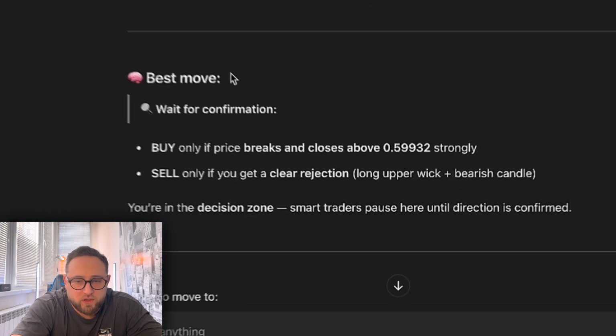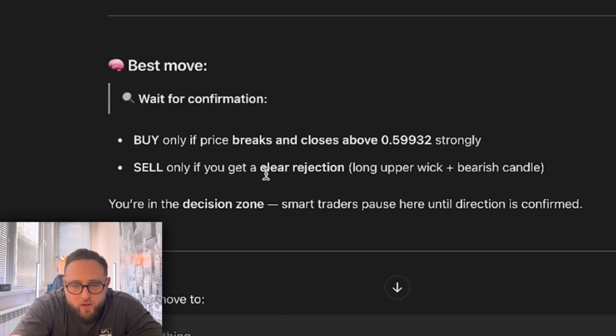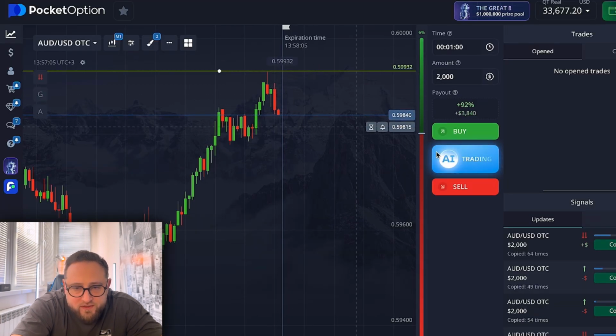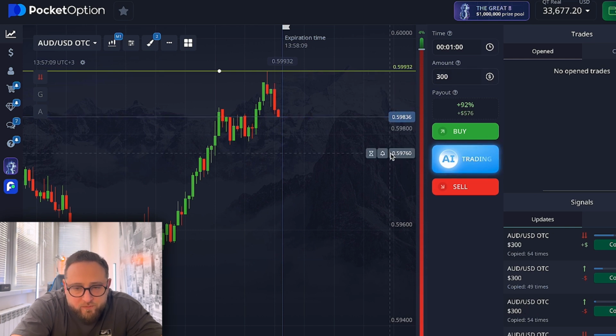And we also need to follow the best move recommendation: buy only if price breaks and closes above 0.599, and sell only if you get a clear... Okay, so look, we see this confirmation. I will open a trade here for 300.